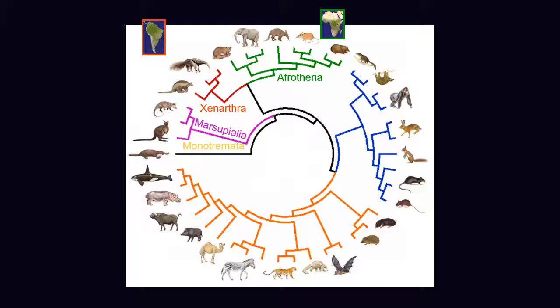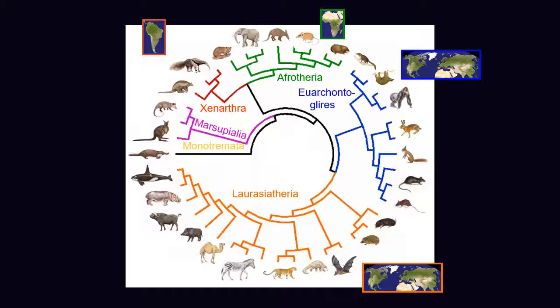Then another group is Euarchontoglires. This is our group. This includes primates and rodents plus rabbits. Then all other mammals are in the group Laurasiatheria. This is everything else: moles, bats, carnivorans, horses, camels, whales, a whole host of other forms.